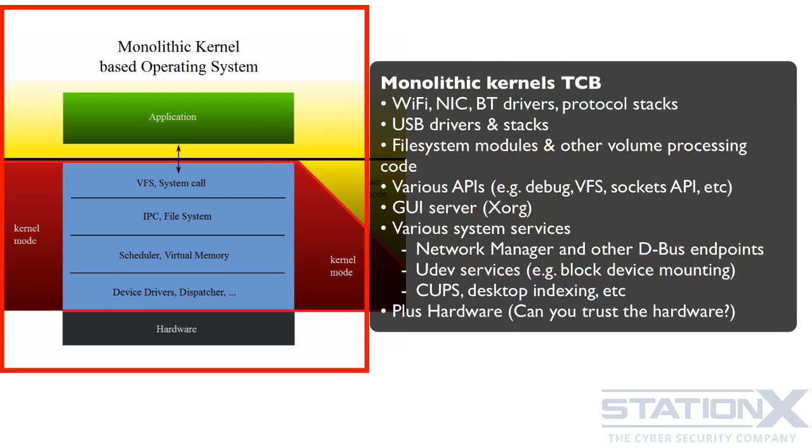Now, what you can see here are examples of monolithic kernel TCB components that you have to trust are good. These make up the attack surface of a monolithic kernel. So the smaller the Trusted Computing Base, the better for security, the smaller the attack surface. So why is this relevant to Qubes?